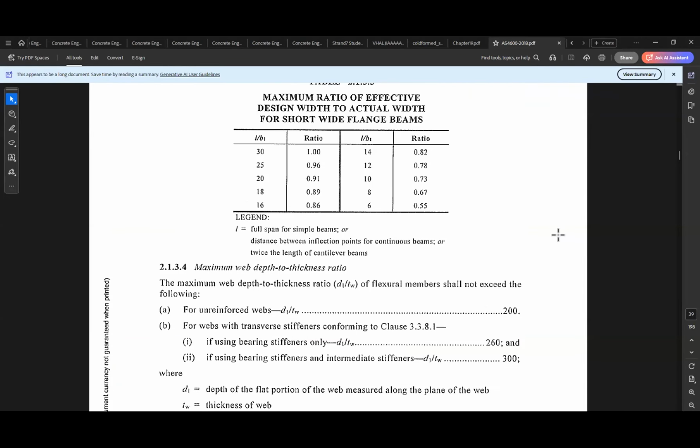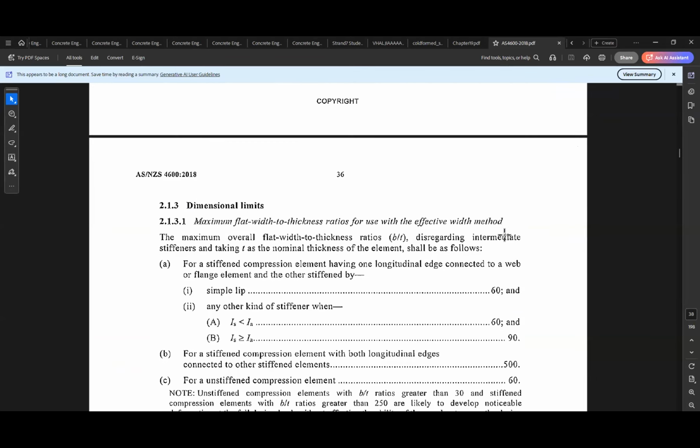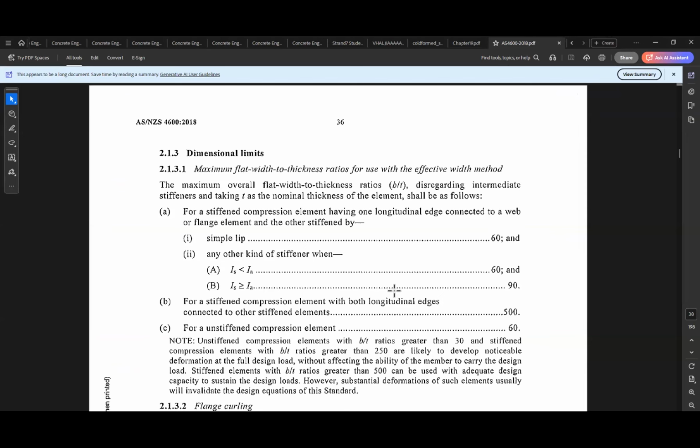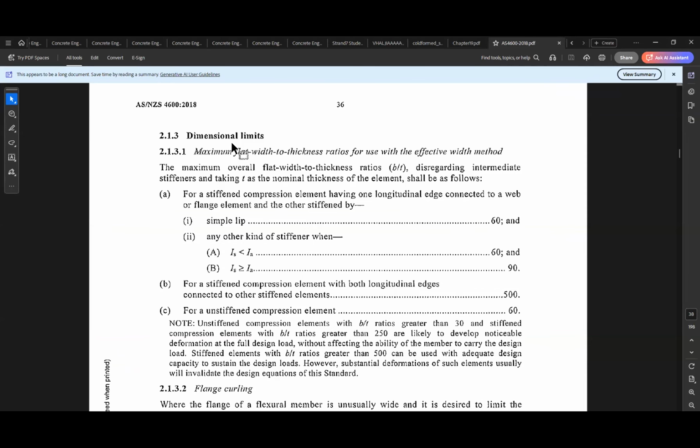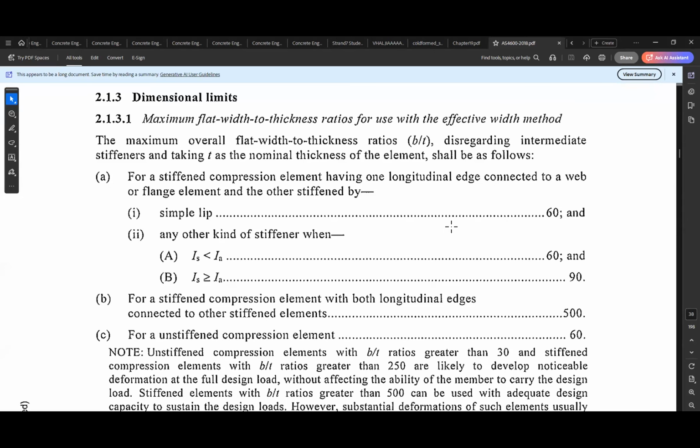So section 2.1.3.1. So this is the maximum flat width to thickness ratio for use with the effective width method. So we need to refer back to these values here.